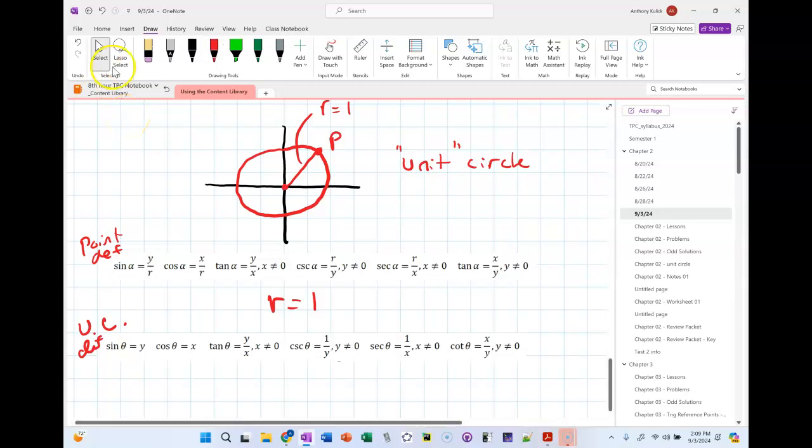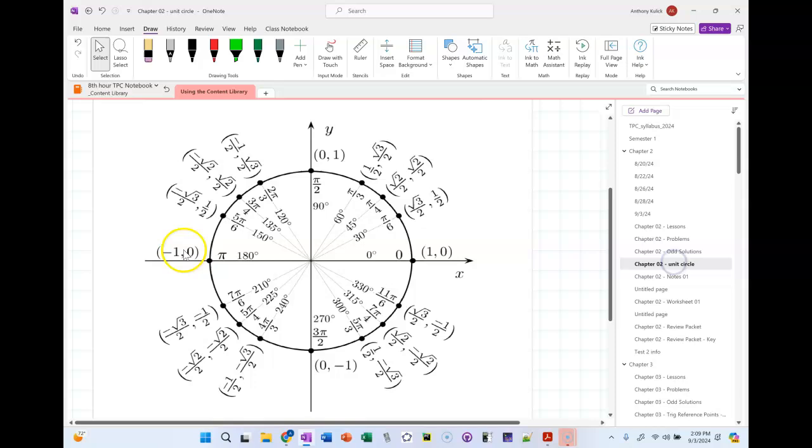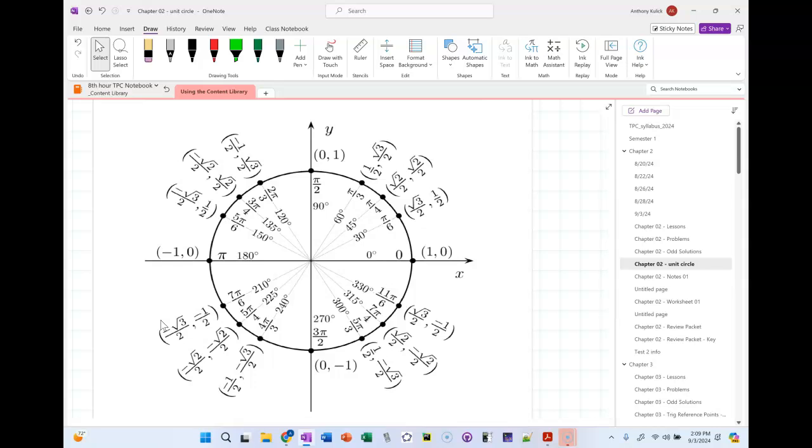Now if I go back to this picture, again, this is just recording all of the situations where we can find exact values. So remember when we did cosine of 150 before, we drew the 150-degree angle, we made the little right triangle, we found the side lengths of it, or found the x, y, and r, and we concluded that cosine of 150 was negative root 3 over 2.